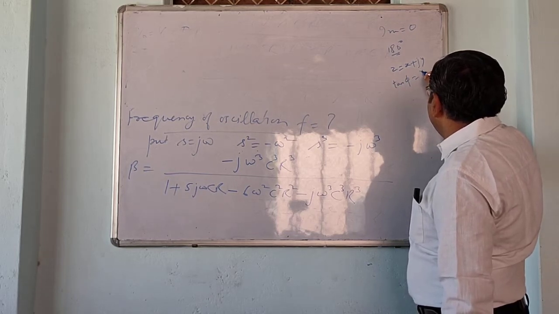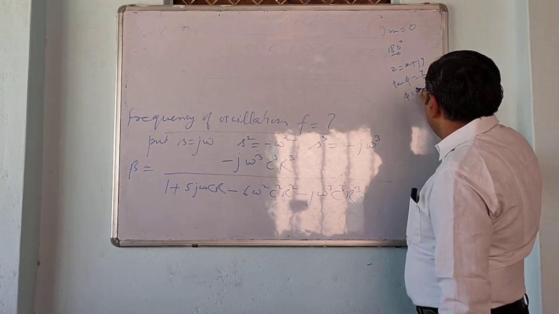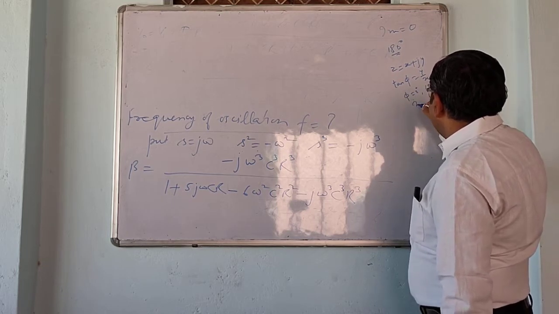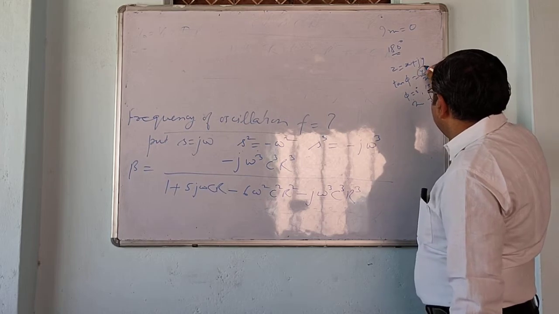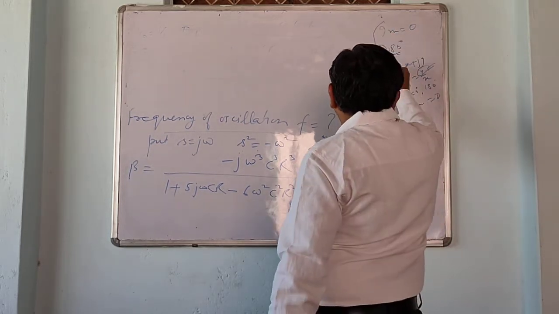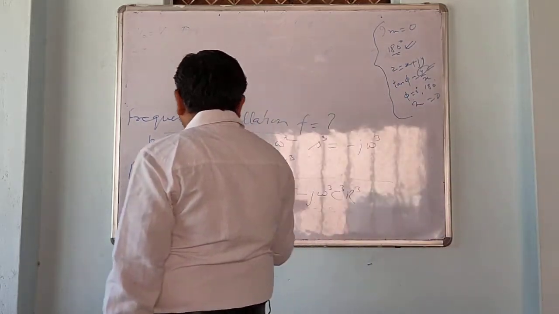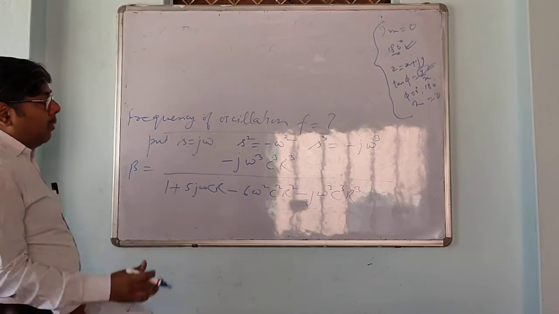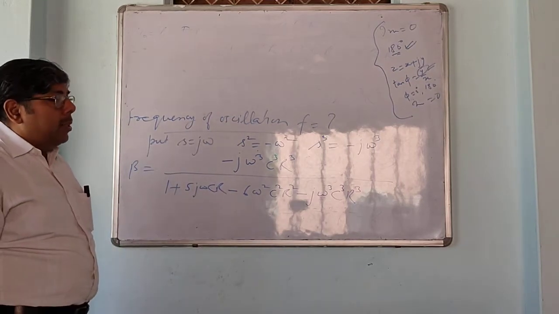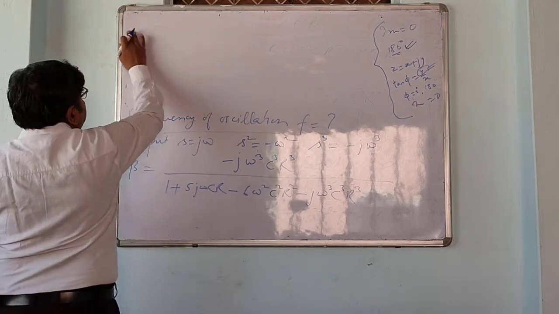Phase is given by y upon x. So to get phase 0 or 180, the imaginary part equals 0. When this is 0, you will get phase 0. So to get a 180 degree phase shift, the imaginary part of this is 0. So we will separate into two parts, real and imaginary part. So beta.